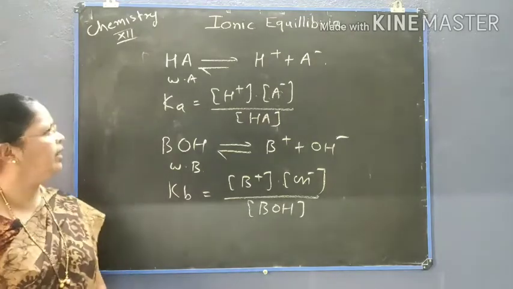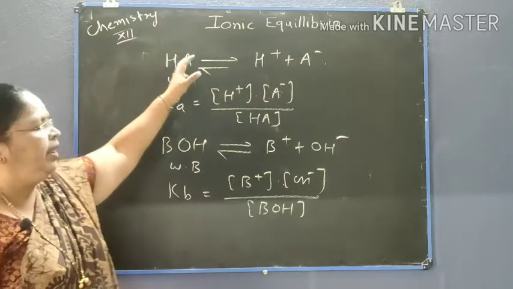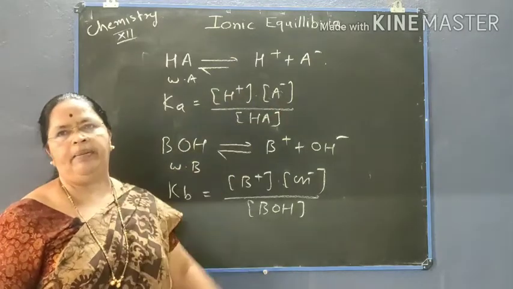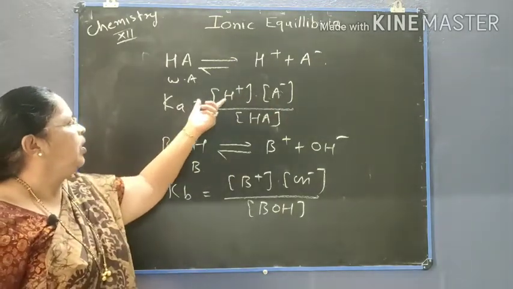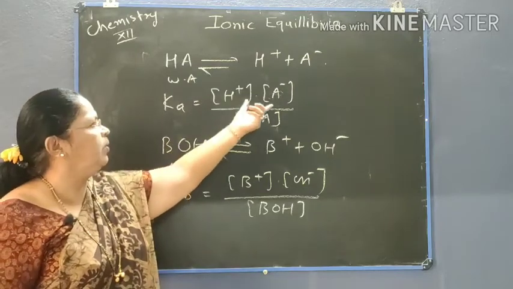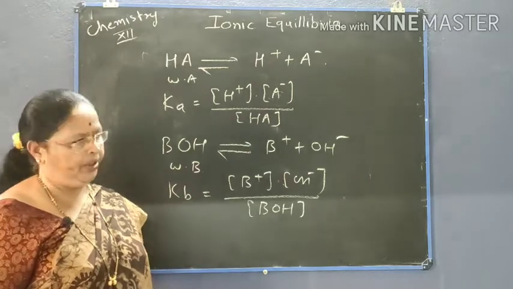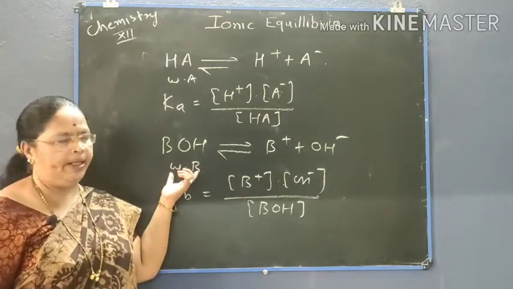Once again, the weak acid is represented by HA. It dissociates at equilibrium as H plus plus A minus. Apply the law of mass action: Ka is equal to the concentration of H plus times the concentration of A minus divided by the concentration of HA. BOH is considered a weak base.